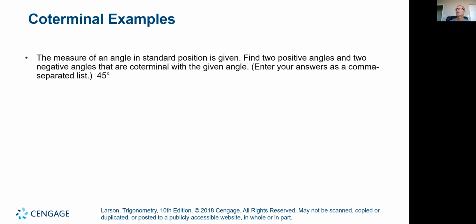And so let me do a couple of examples here. The first one: the measurement of an angle in standard position is given. Find two positive angles and two negative angles that are coterminal to the given angle, which is, in this case, 45 degrees. So let me do this on the whiteboard here.